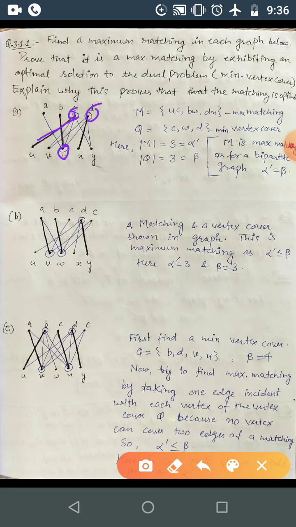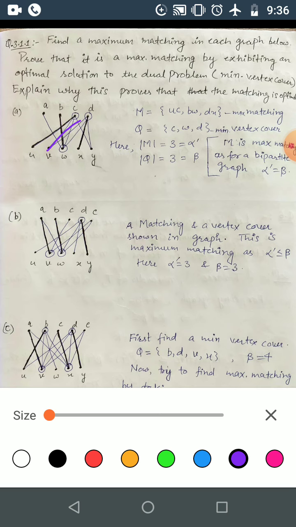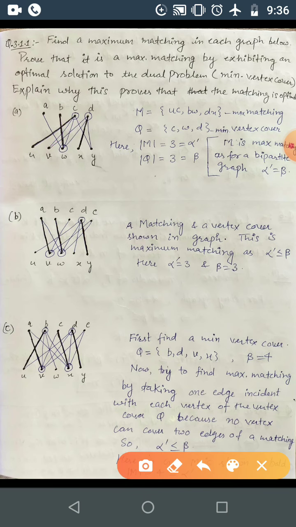So this one is with C, this one is with D. Anything you can just take. If you don't want to take this one, then you can take this one, this right below, DY, and you can also take WA. This is also a maximum matching.